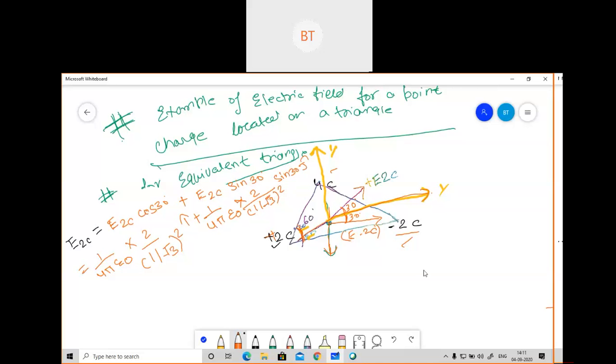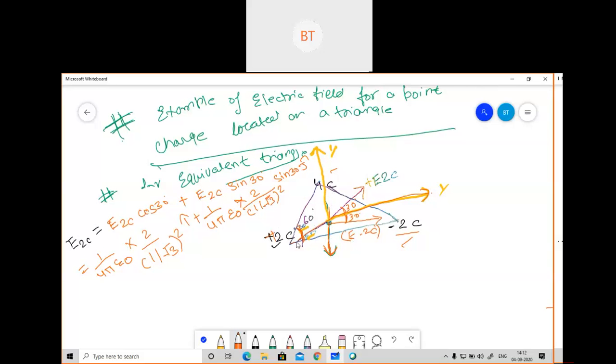In the previous question, which we have already written, it was j cap only, because only one direction was given. If you can see in the 4c, there was no i direction, only one direction was given for 4c, so I have not written it here.